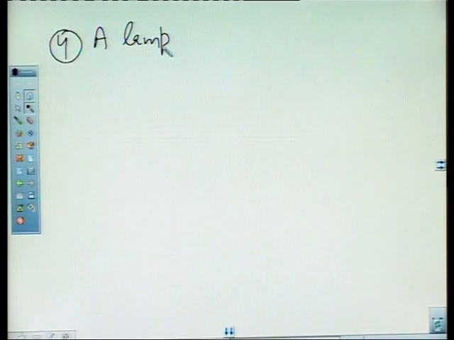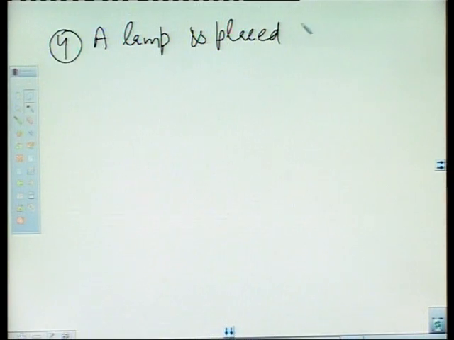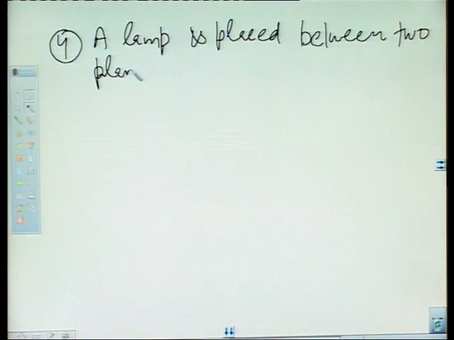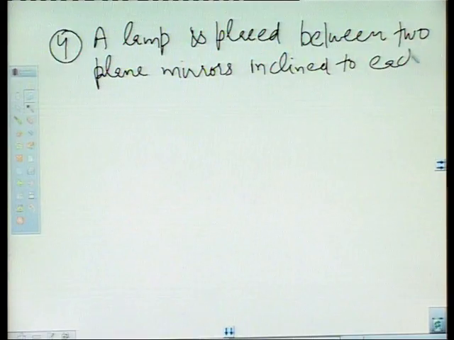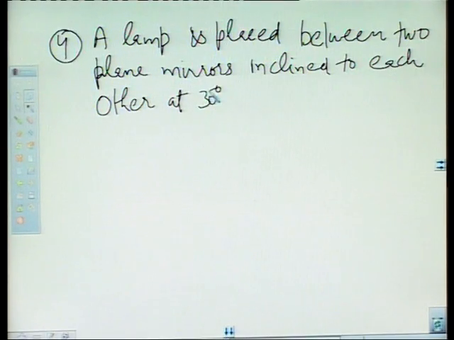Now the next question is, a lamp is placed between two plane mirrors inclined to each other at 30 degree.